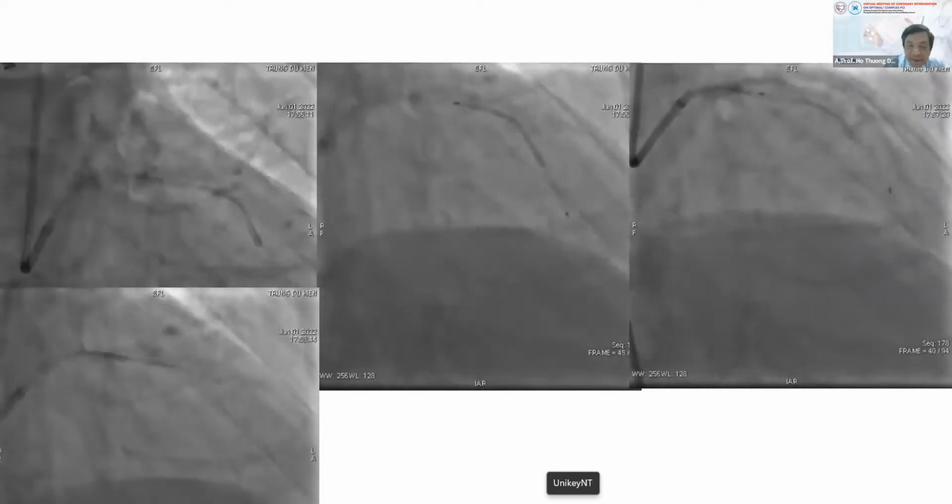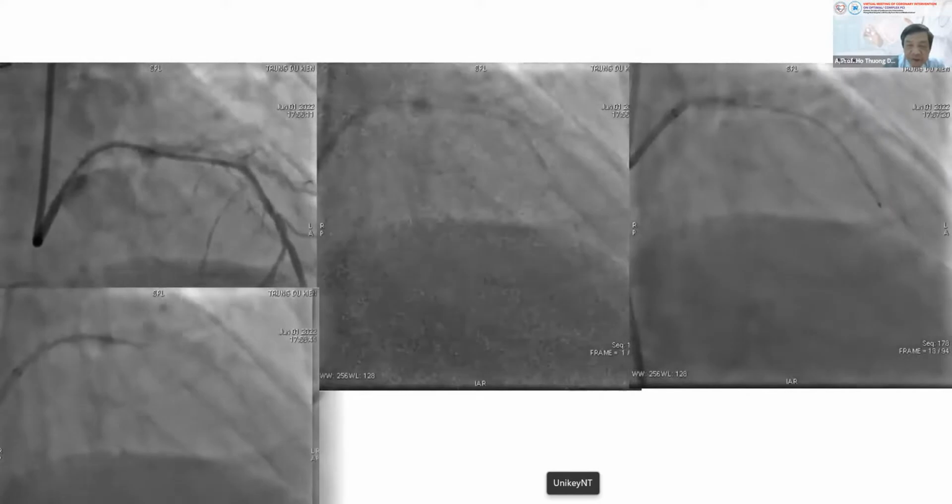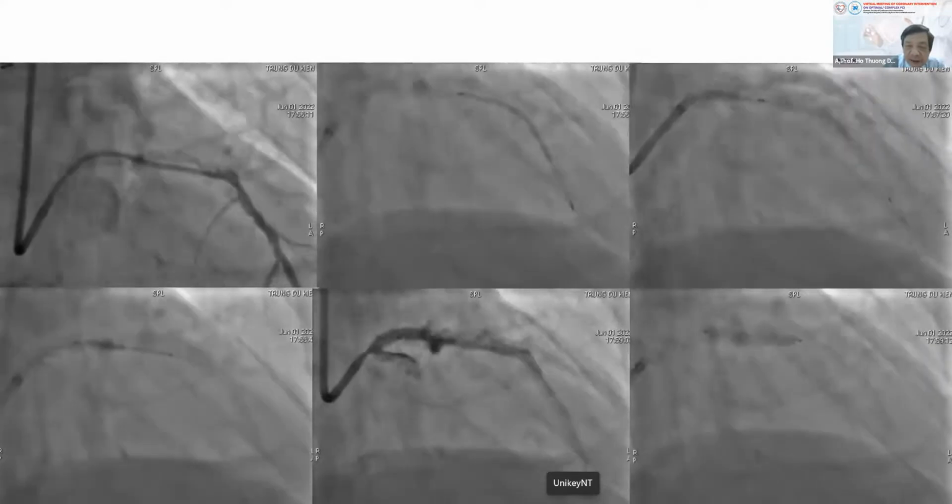And the second stent covered from the left main to the proximal segment of the LAD. And the final result.